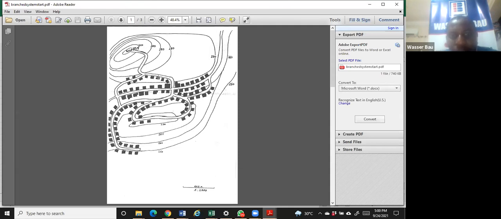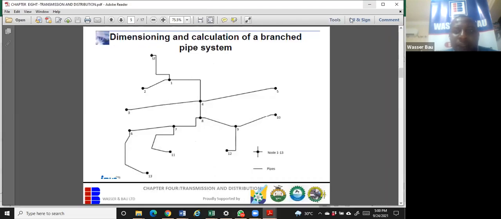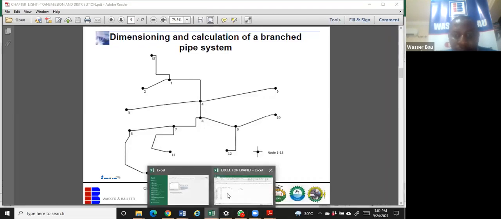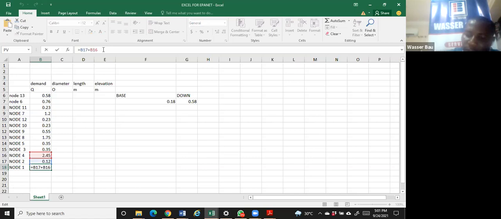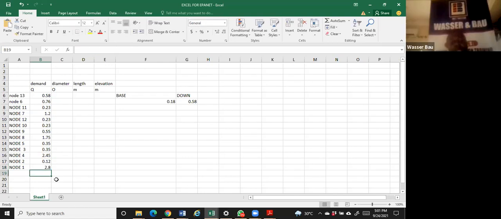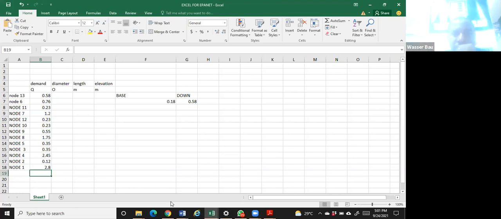I need to add 1, 2, 3, 4, 5, then if I mirror it, it will be 10. So I'm wrong. Node 1 will be this value plus the value for those 10 houses, which is 0.23. And that will give me 2.8.